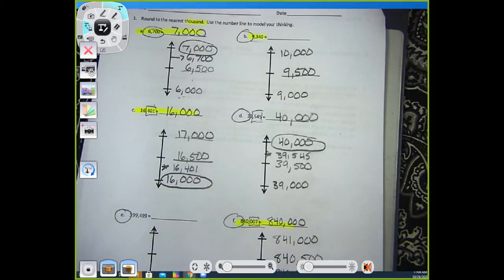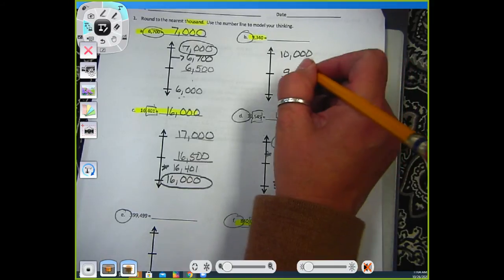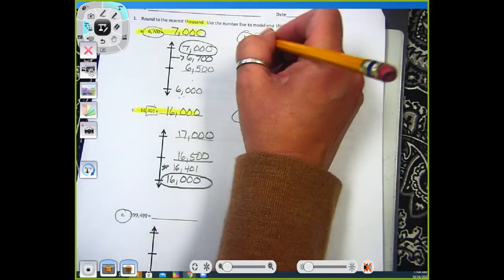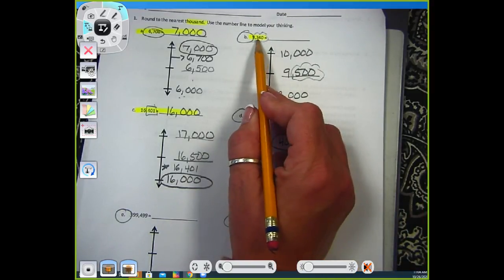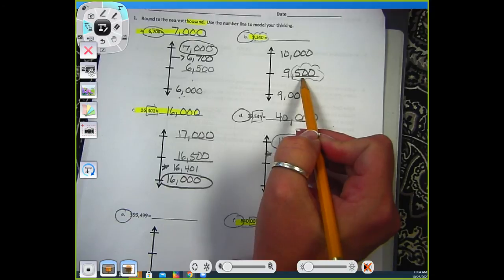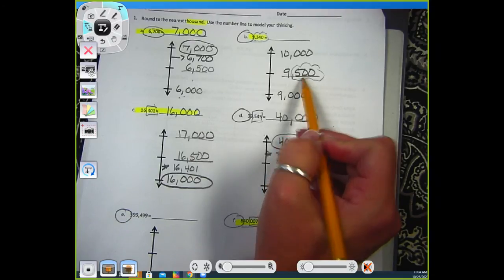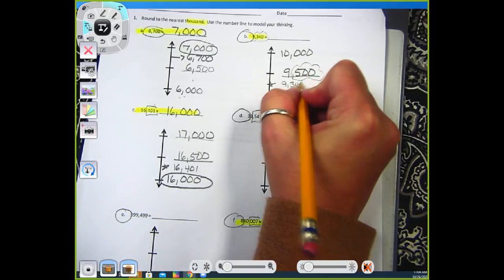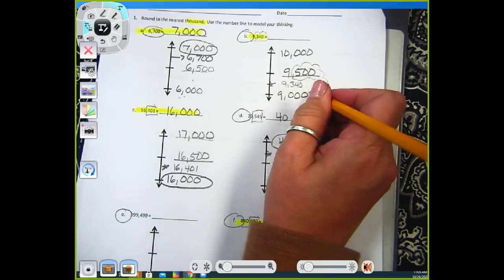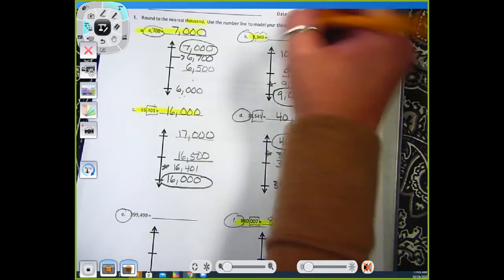So above or below? So if I have 500 right here, let's look at our 340. Is it above or below, Brian? Above. So is 340 greater than 500 or smaller? Oh, wait, smaller. Yep, it's going to be hanging out down here. So if it's below my midpoint, I round to my bottom.